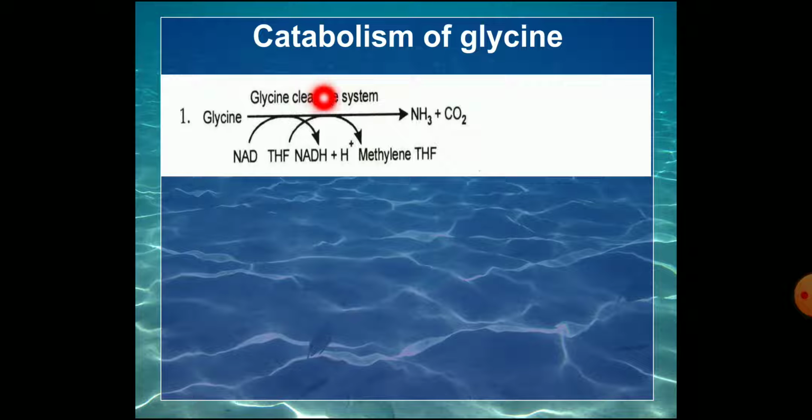When it is converting glycine to ammonia and carbon dioxide, it is called the glycine cleavage system, where NAD and tetrahydrofolic acid are utilized and NADH plus H and methylene tetrahydrofolate are produced. Finally, ammonia and carbon dioxide are produced. So this is the major pathway of catabolism of glycine.